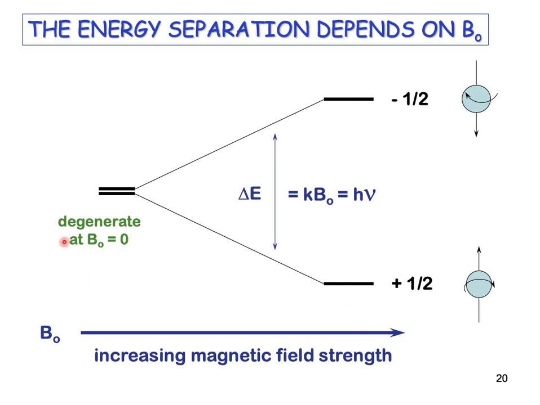That's why the levels are degenerate without a magnetic field, and if the molecule is under the influence of a magnetic field, then the levels split. With increasing magnetic field strength, the splitting increases. Delta E is equal to K B naught, which is equal to h times the frequency, where h is the Planck constant.